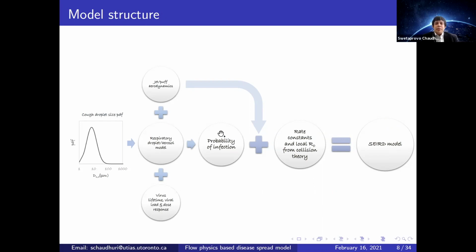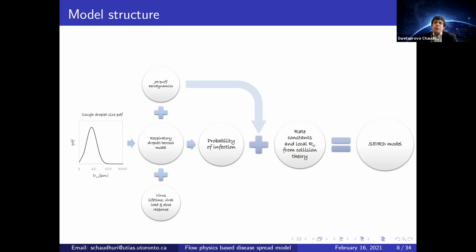Then the probability of infection needs to be coupled once again with the jet puff aerodynamics model, because once you get the probability of infection, you need to find out the frequency of this infected cloud, what is the frequency of collision of these susceptible individuals with this infectious cloud. That is a very important thing.